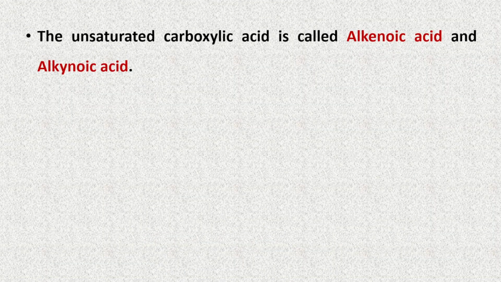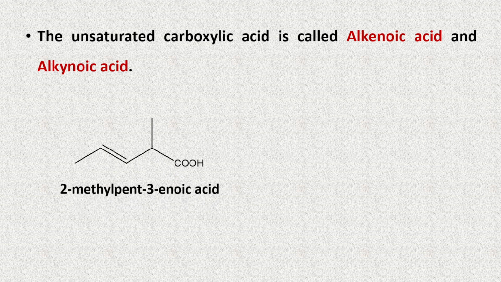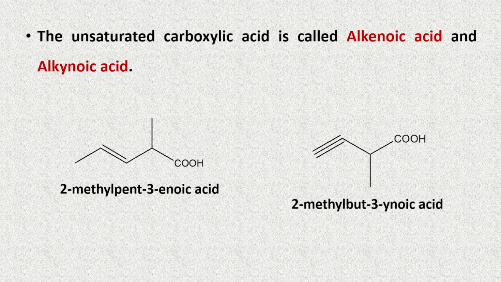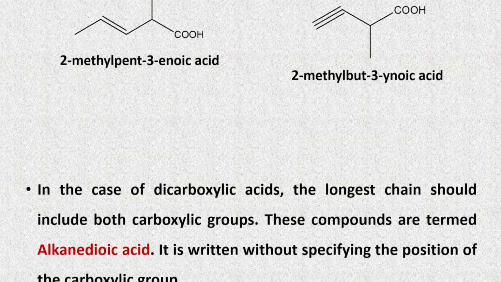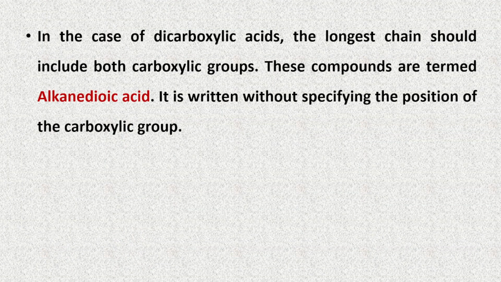The unsaturated carboxylic acid is called alkenoic acid or alkynoic acid, depending upon the double bond or triple bond present in the compound. This first compound is 2-methyl pent-3-enoic acid, and the second compound is 2-methyl but-3-ynoic acid. If the compound possesses 2 carboxylic acids, the longest chain should include both carboxylic groups.